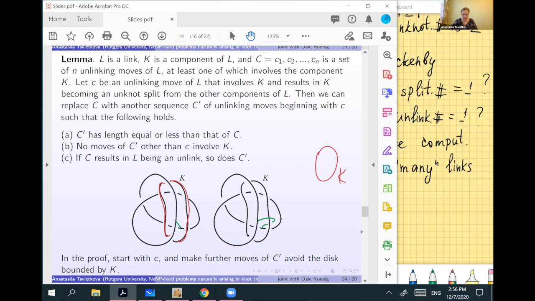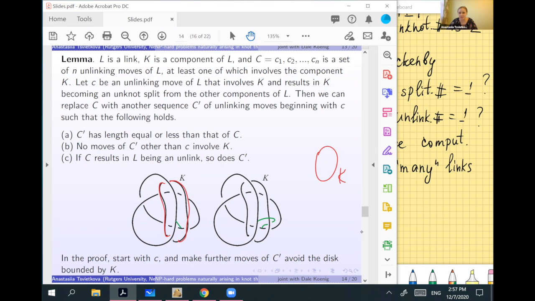Then you can replace this sequence by a sequence where you would still put K aside and still get the same result as before, but you would do it first. You would put K aside first, and then do all your moves and get the same result in the end.